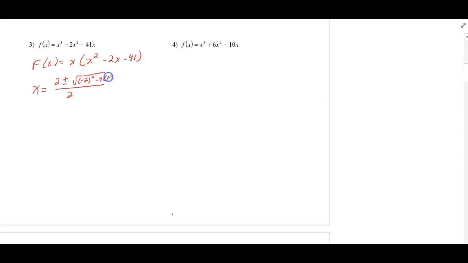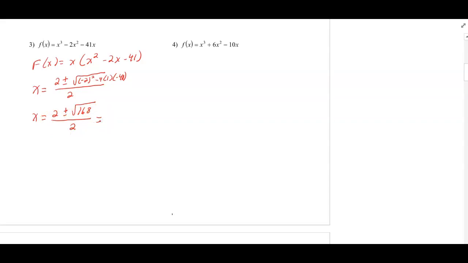So then x is equal to 2 plus or minus the square root of b squared minus 4ac. I forgot the 1 there, let me add that back in. So 4 plus 4 times 41, you get the square root of 168, all over 2.